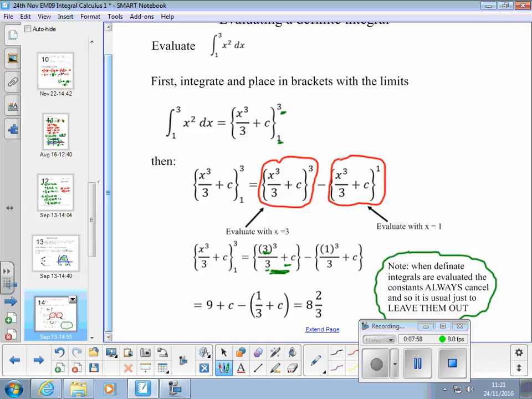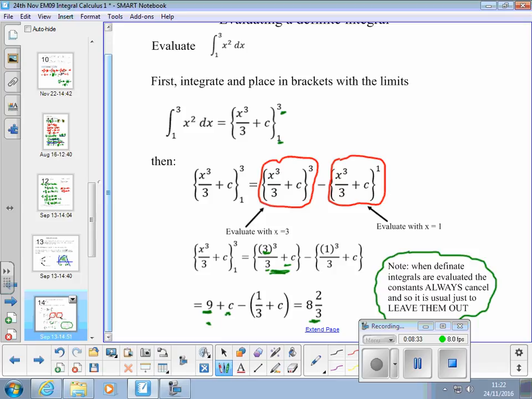So that bit is 3 cubed, which is 27, 27 over 3 is 9, plus the constant. 1 cubed is 1, over 3, so that's a third plus c. And then we bring all the like terms together. You've got 9 minus a third is 8 2/3, and c minus c is nothing. The constants disappear. Alright?